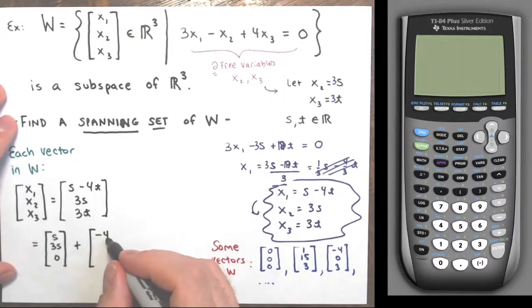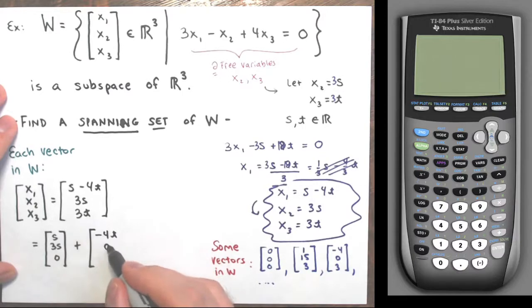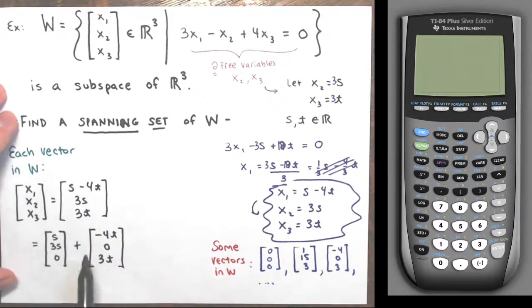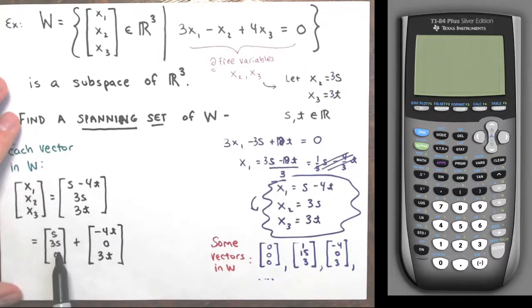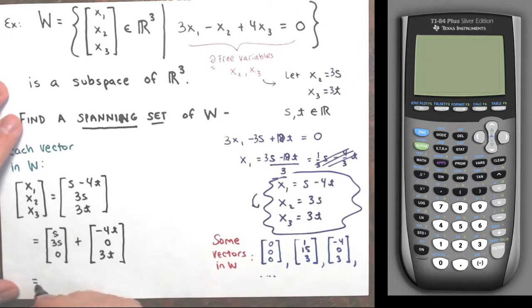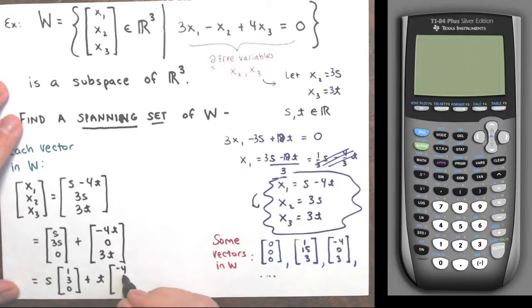There's negative 4t in the first component, 0t in the second component, and 3t in the third component. And then now you can see that I can pull out the scalar. I can pull out the value of s, I can pull out the value of t from these. So this is s times 1, 3, 0, plus, pulling t out of these, t times negative 4, 0, 3, and there we go.